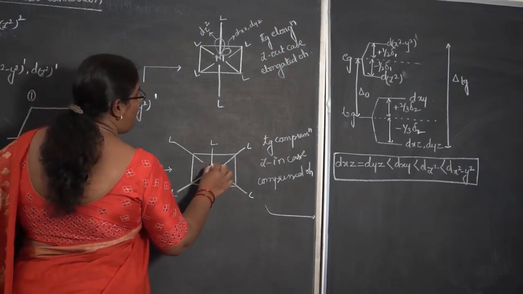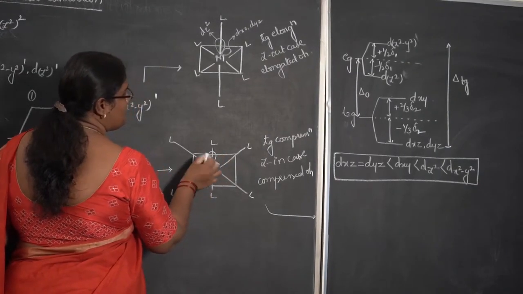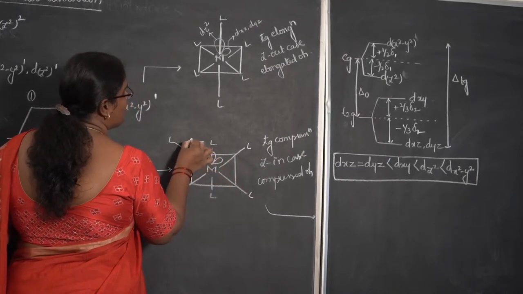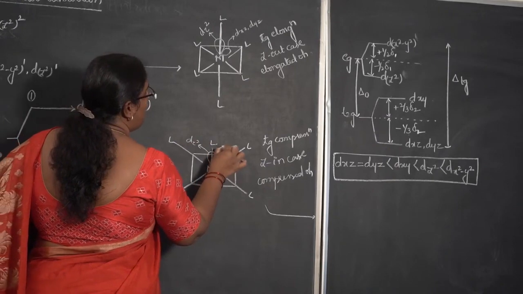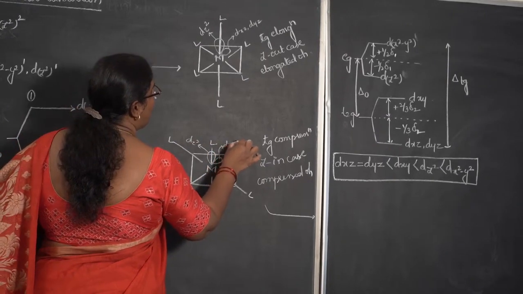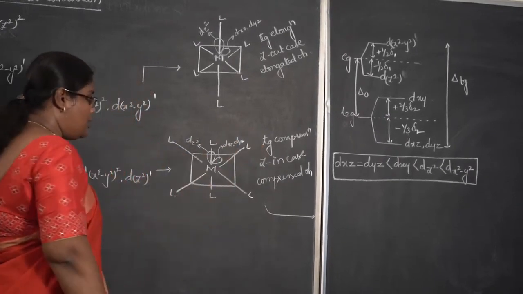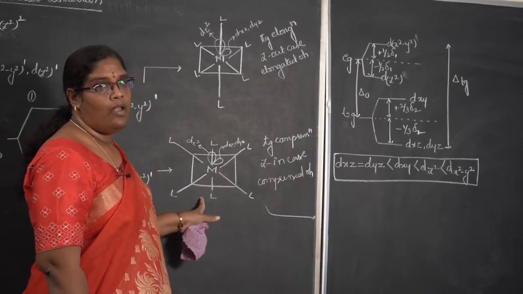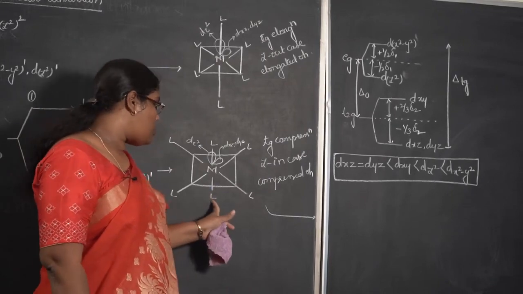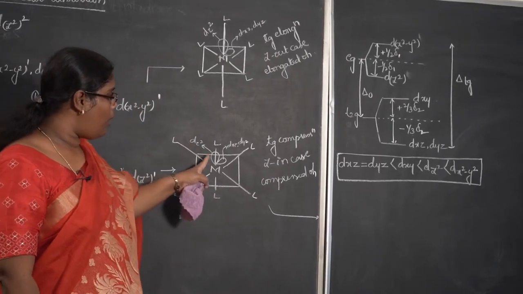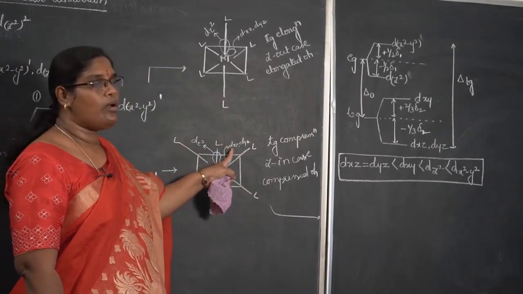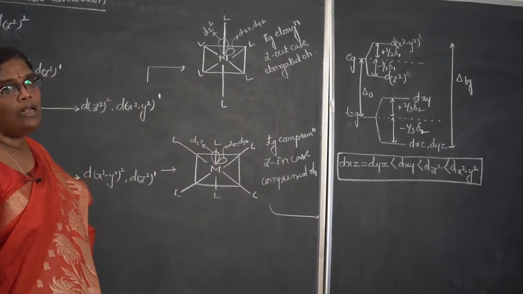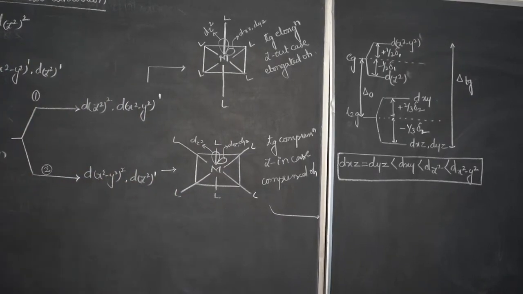Therefore, the orbitals on the z-axis, that is dz square, and the orbitals close to the z-axis, dxz or dyz, they experience more repulsions from the ligands. They are going to raise their energies.